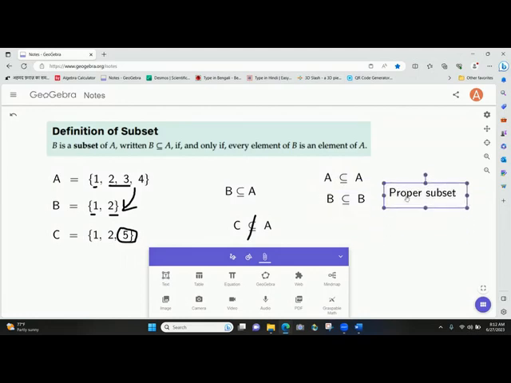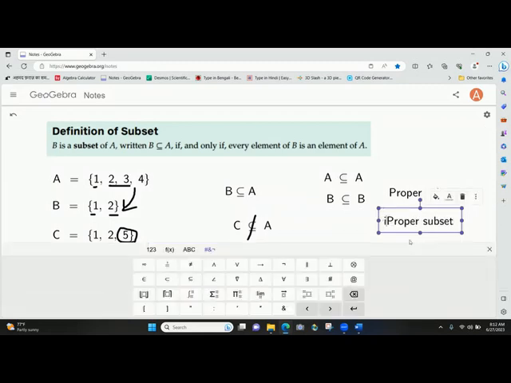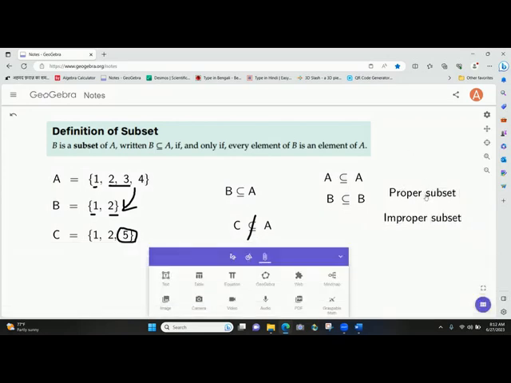When you have two equal sets, they are subsets using the definition right here, but we call them improper subsets. Nothing too fancy. A is an improper subset of A. B is a proper subset of A.